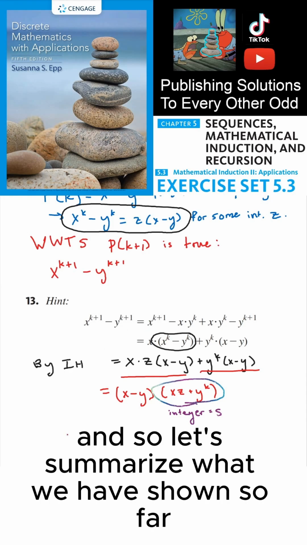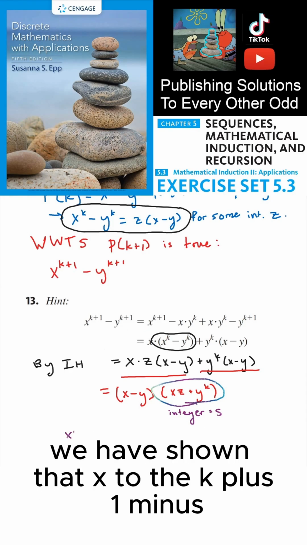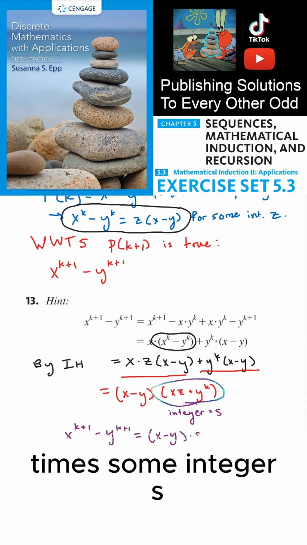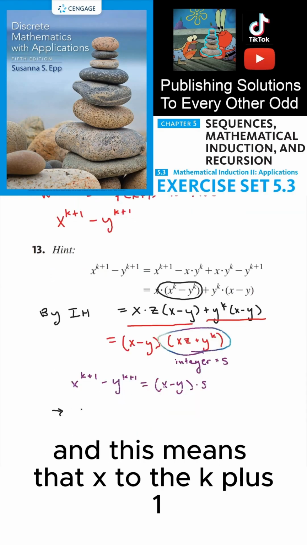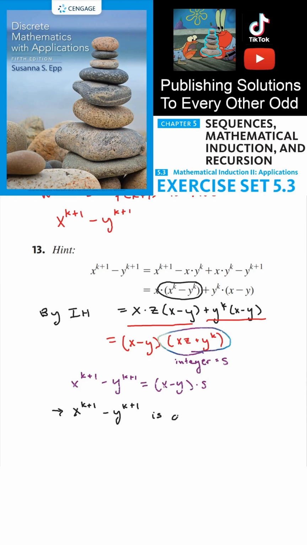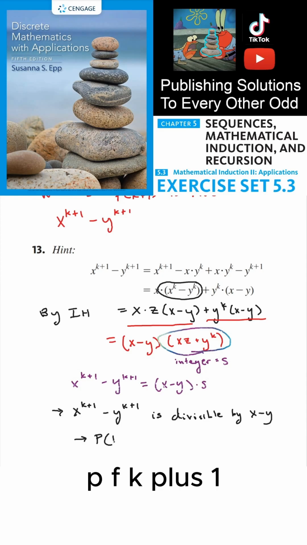And so let's summarize what we have shown so far. We have shown that x to the k plus 1 minus y to the k plus 1 equals x minus y times some integer s. And this means that x to the k plus 1 minus y to the k plus 1 is divisible by x minus y. And that is P of k plus 1.